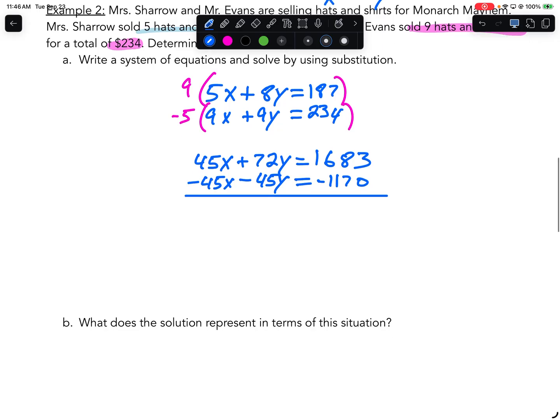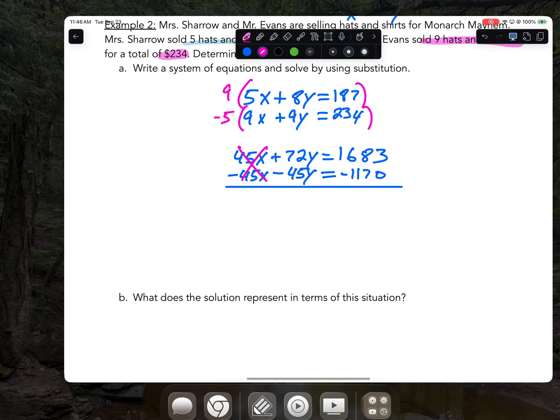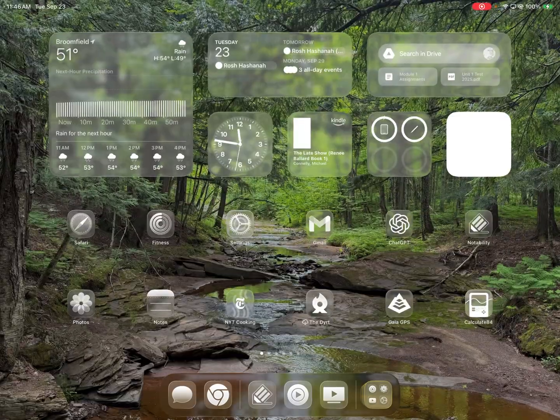Okay, so the x's cancel. Where do you get 45 what? Oh, just up above. We're multiplying this and this, right? Are you good? Yep. Okay. So 1683 minus 1170. I'm going to do in the calculator.